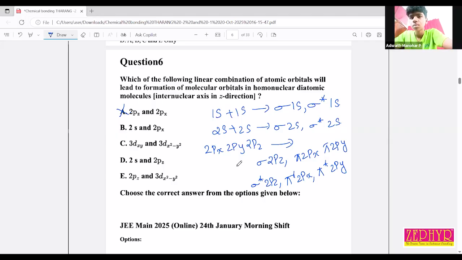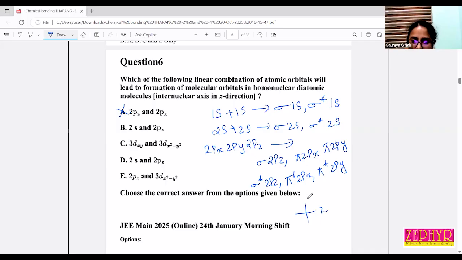Internuclear axis is a direction. So this is Z. This is X. 2px means like that, plus S. Internuclear axis is Z. So this is Z, X. How does it join?